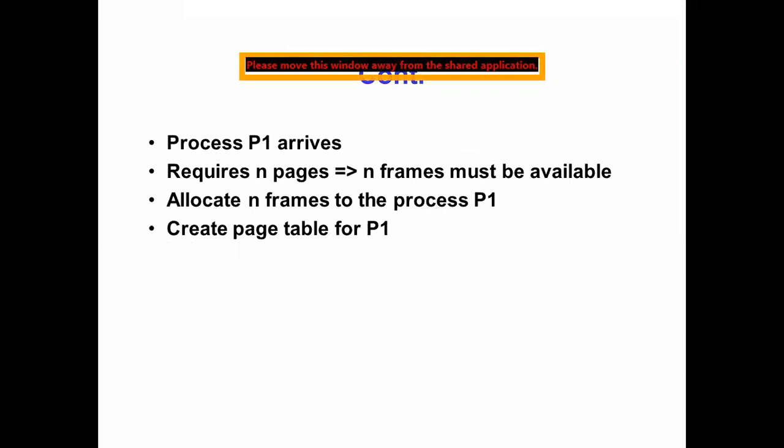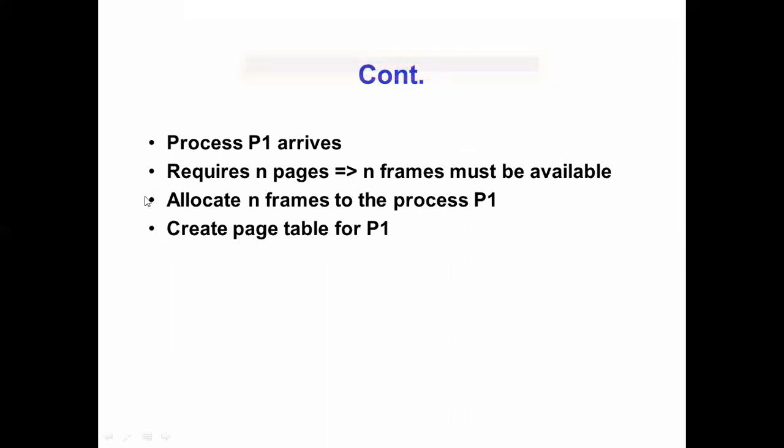Now here you can see process P1 arrives and requires n pages, so it will depend. Suppose you have only one process P1, so it will go to the CPU, the central processing unit, and it may require n pages. Here we just generalize: requires n pages means n frames must be available.